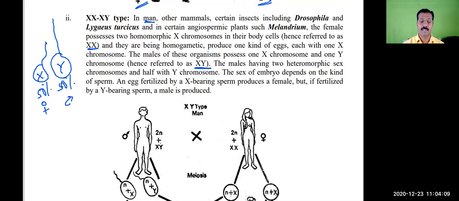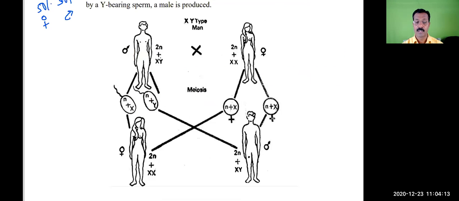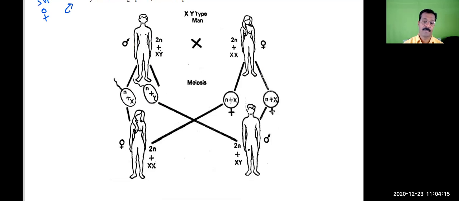So likewise, the sex determination takes place in the XY type sex determination. So this is found in human beings, mammals, etc.